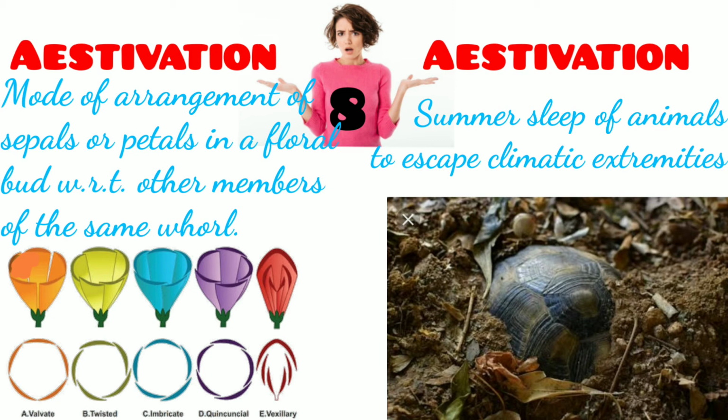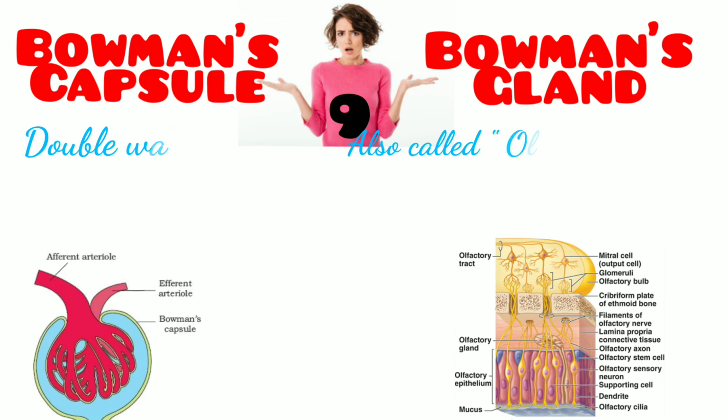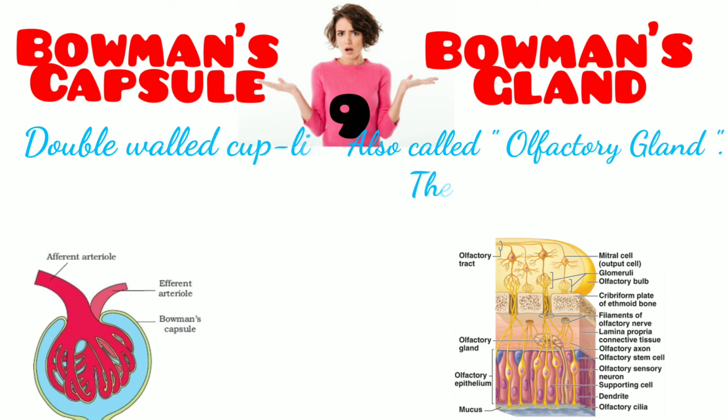And the second meaning is summer sleep of animals to escape climatic extremities. You might have read about it in ecology. And you can see here a snail is undergoing estivation in the given picture. So 2 different meanings of the same word, but stay calm, do not be confused with it in questions or anything similar.